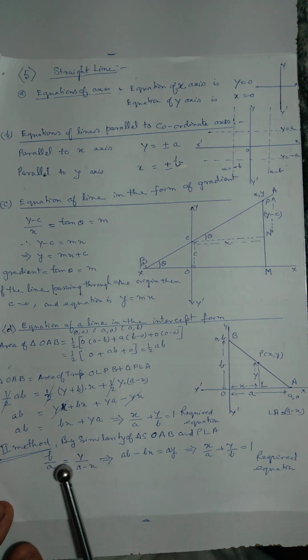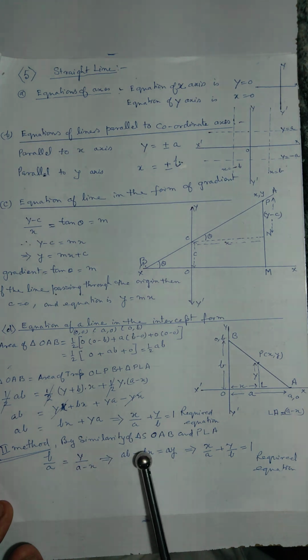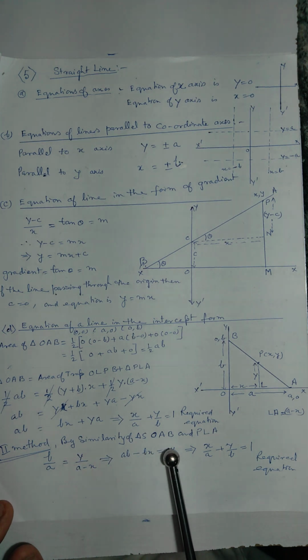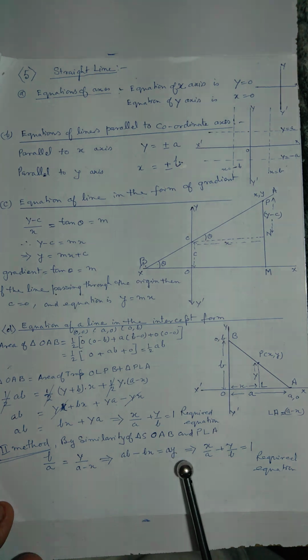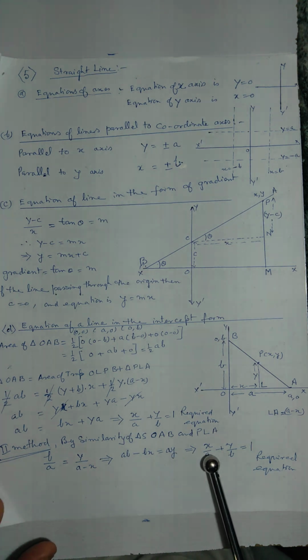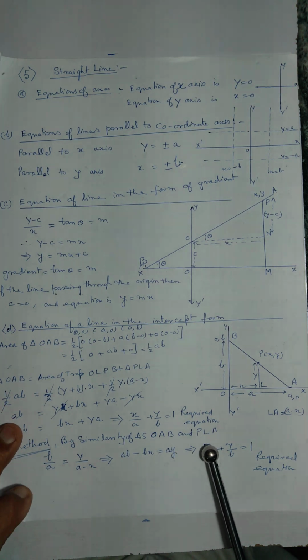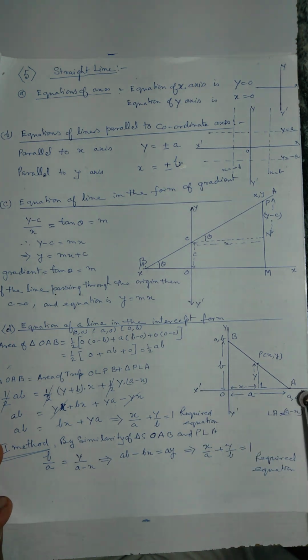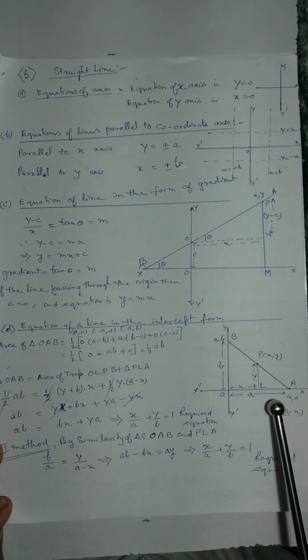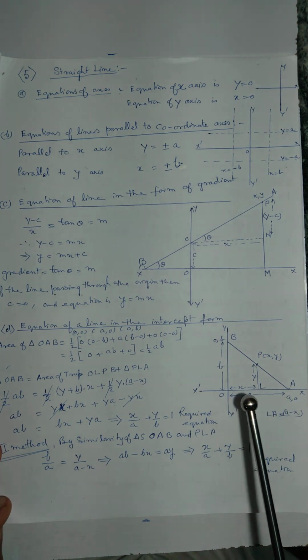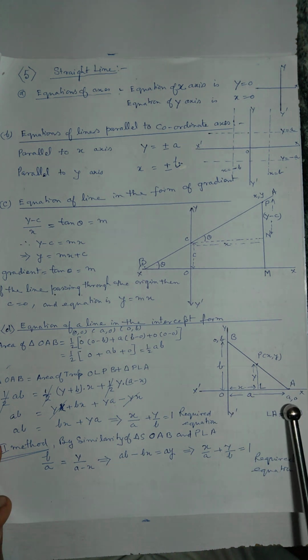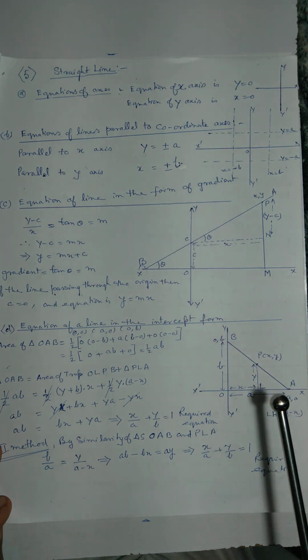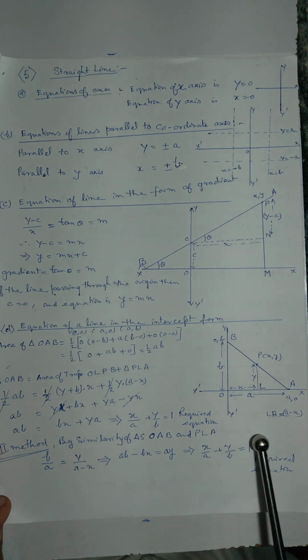Now the second method, by similarity of the triangles OAB and PLA. There are two triangles, OAB and PLA.